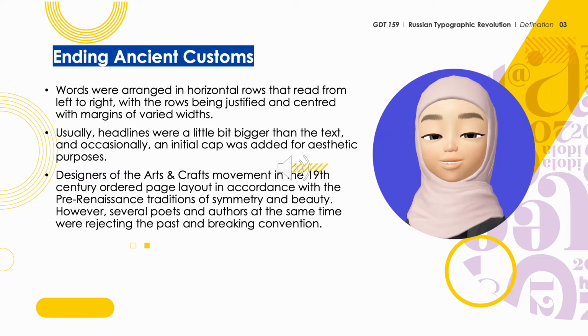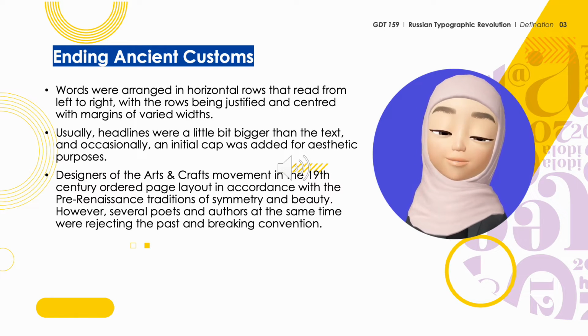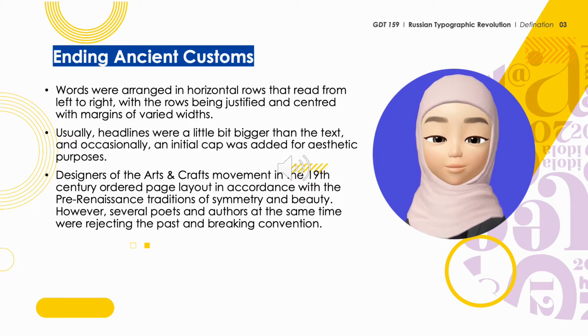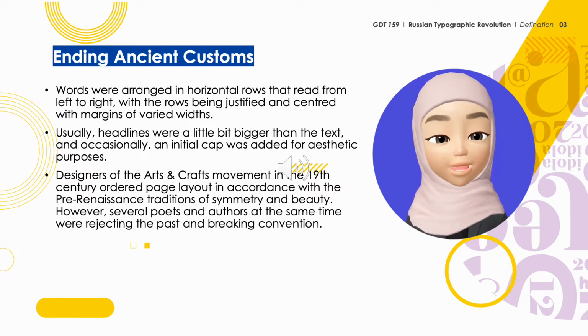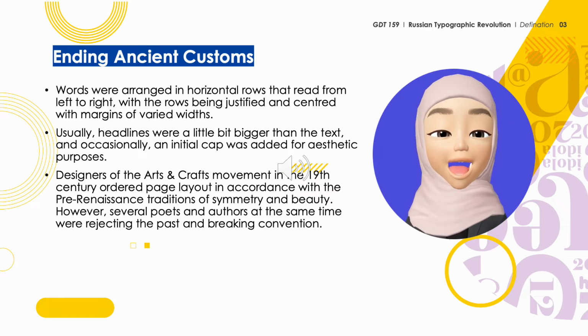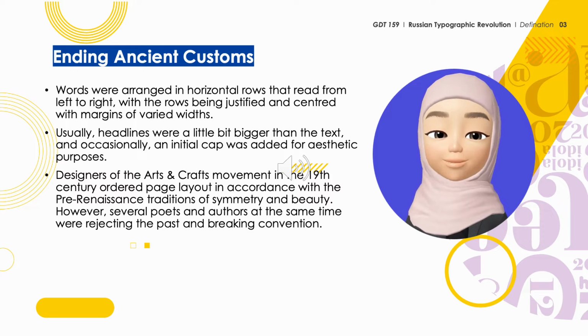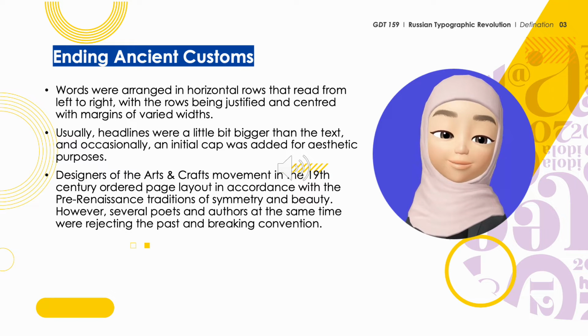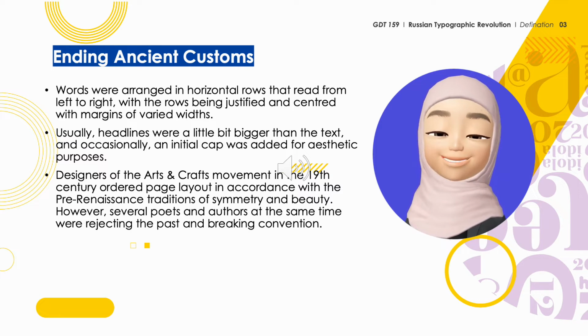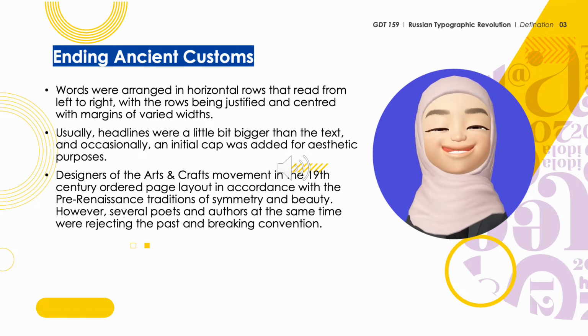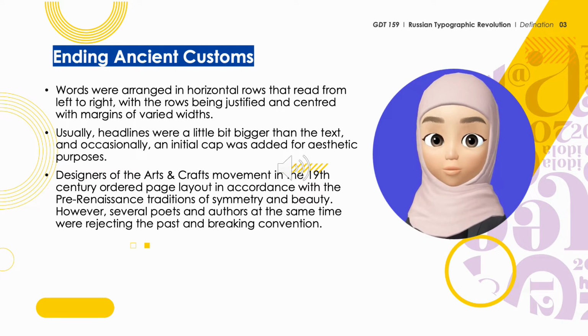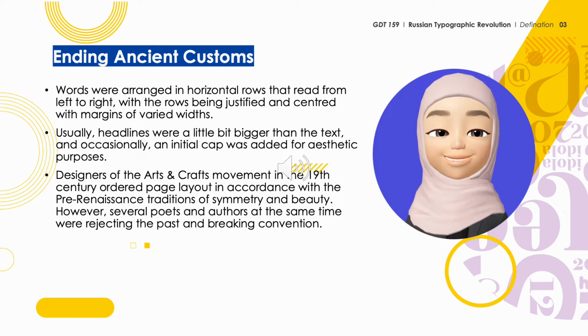Words are arranged in horizontal rows that read from left to right, with the rows being justified and centered with margins of varied widths. Usually, headlines were a little bit bigger than the text, and occasionally, an initial cap was added for aesthetic purposes. Designers of the Arts and Crafts movement in the 19th century ordered page layout in accordance with the pre-Renaissance tradition of symmetry and beauty.